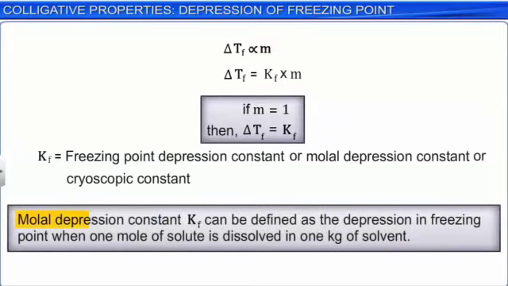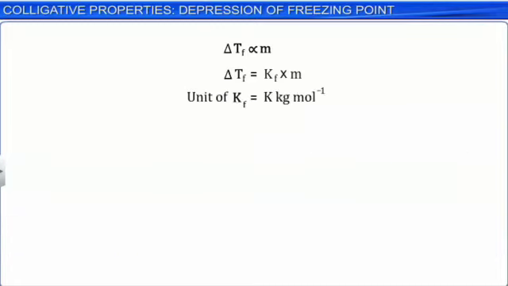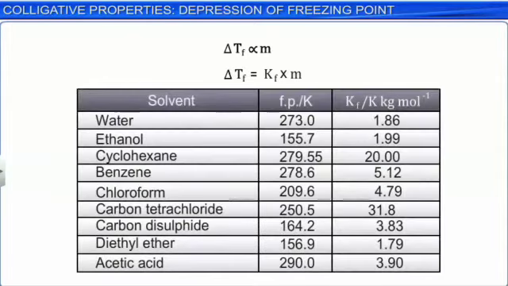Molal depression constant Kf can be defined as the depression in freezing point when 1 mole of solute is dissolved in 1 kg of solvent. The unit for Kf is Kelvin kilogram per mole. As Kf depends upon the nature of the solvent, its value is different for different solvents.